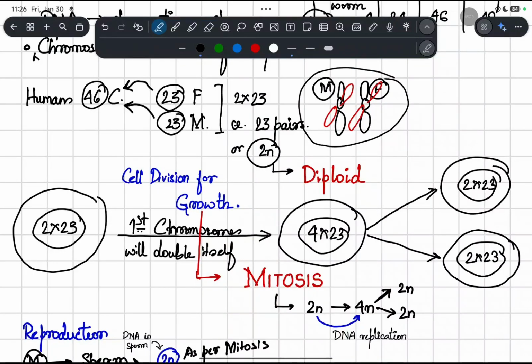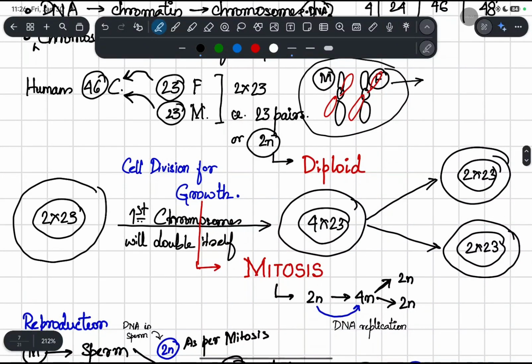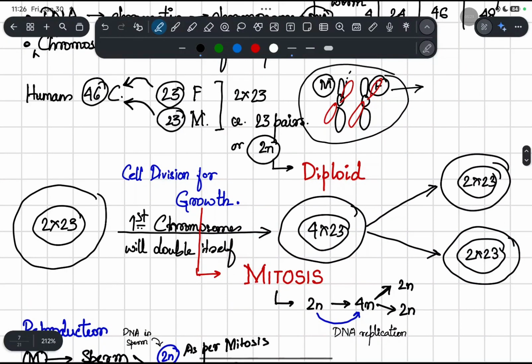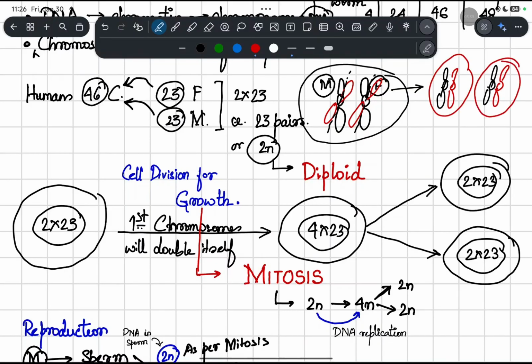This is a cell, and first it has replicated itself. From here the chromosomes will split, so we'll have a chromosome like this, and from here another chromosome like this, and two different cells are getting formed. This is what happens during mitosis.